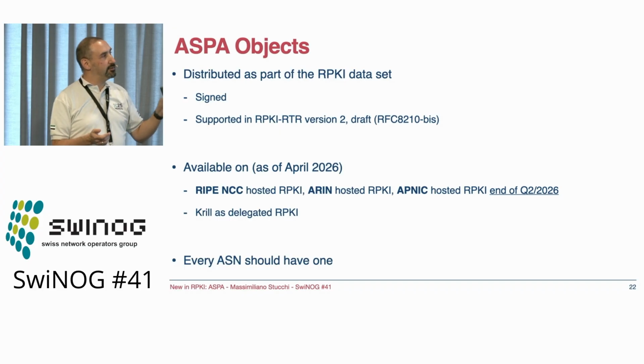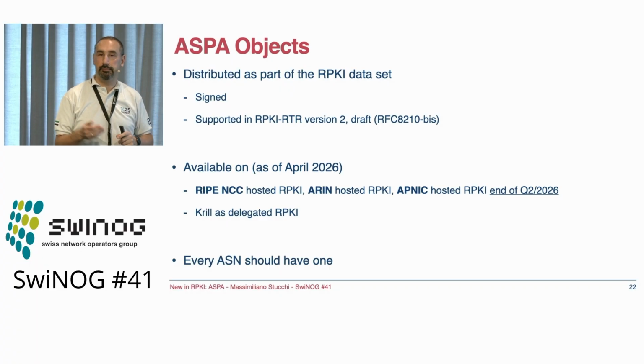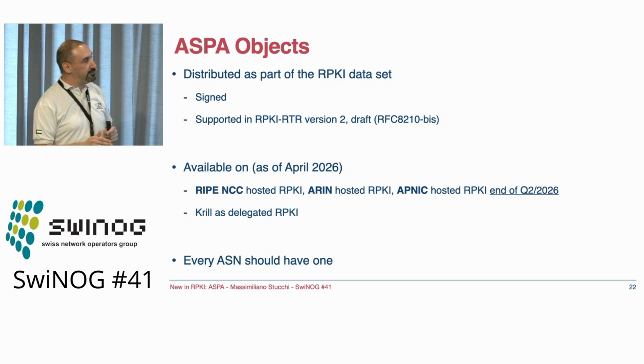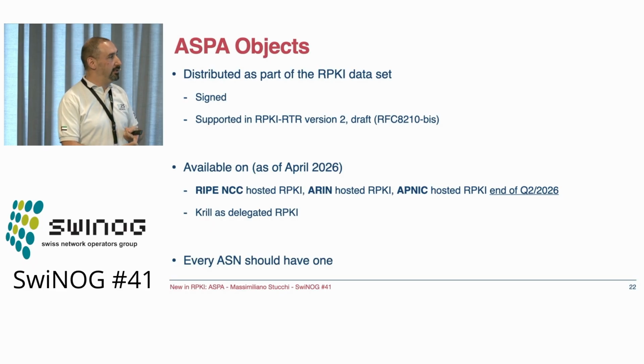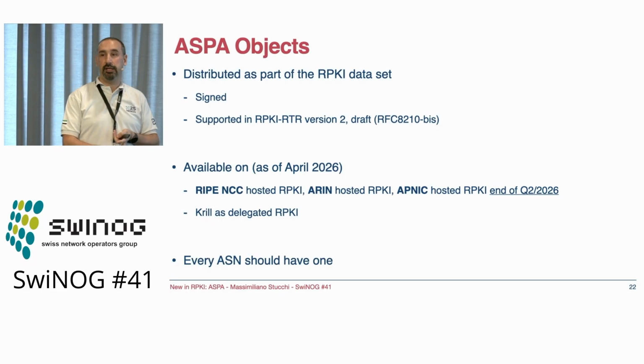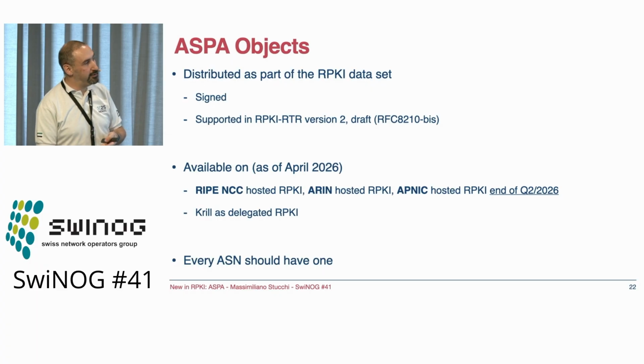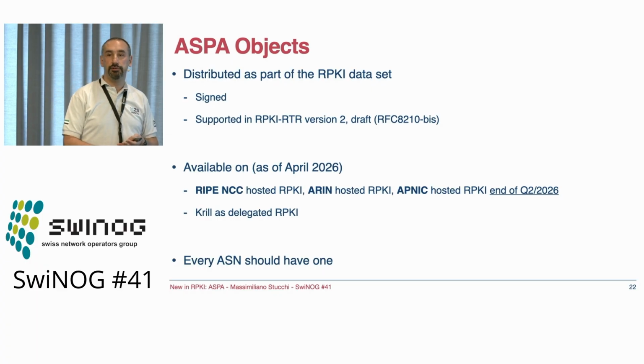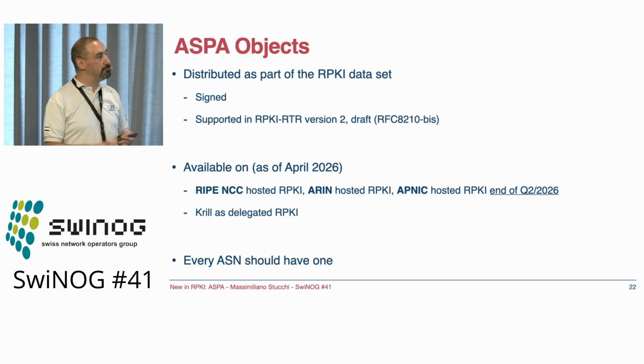They decided, though, to not do a new draft, but they're taking the old RFC, RFC 8210, and call it RFC 8210 bis. And as of now, it's available on RIPE-NCC as hosted RPKI, the RN-hosted RPKI, and APNIC should be at the end of Q2 2026, so soon.